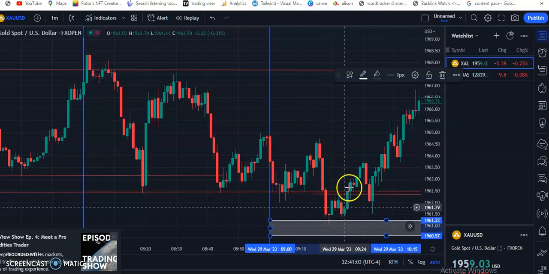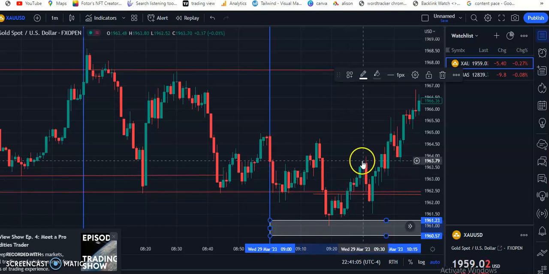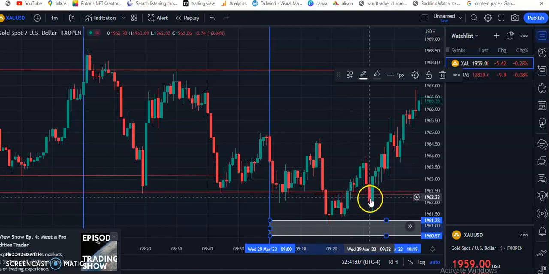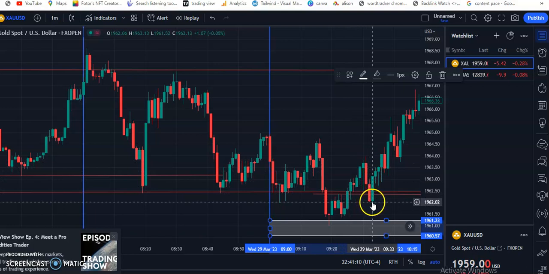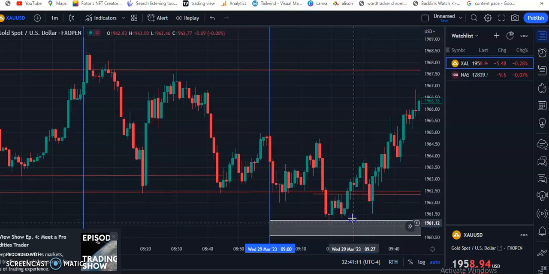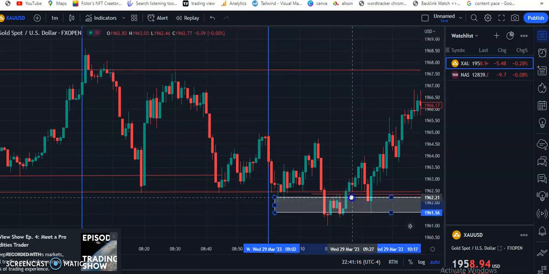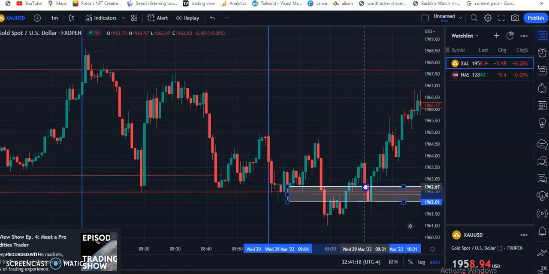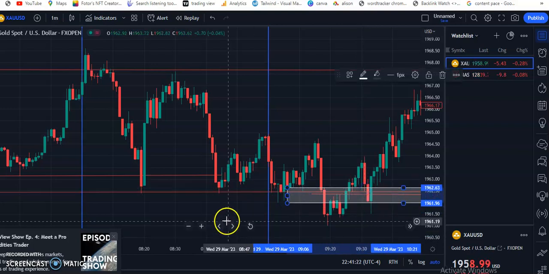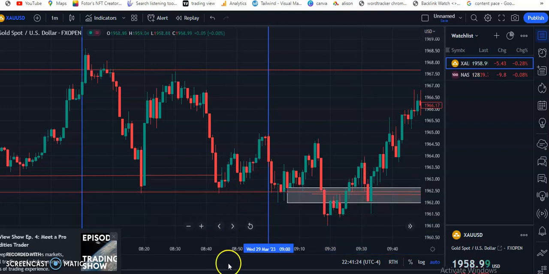They break structure, retest at 9:30 and give us an engulfment. Now this box, I put it here because this was my zone where the market would come back. This is where I was expecting price to come back and look for my buy setup.